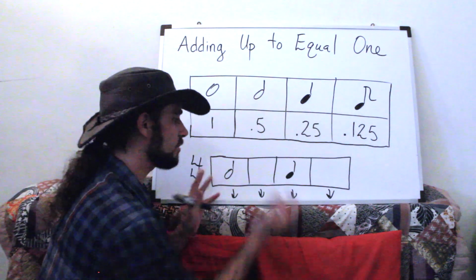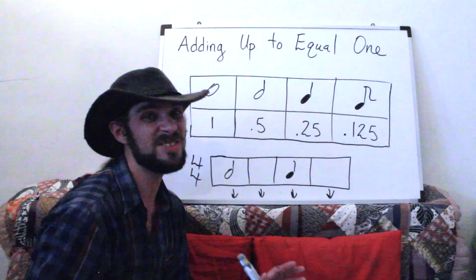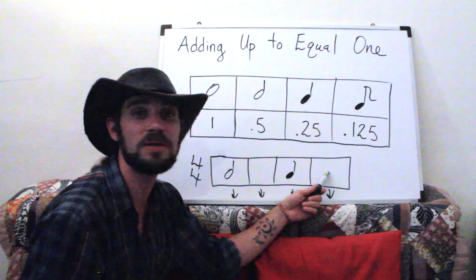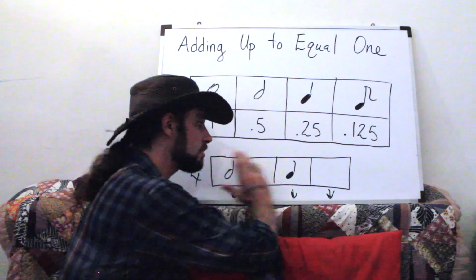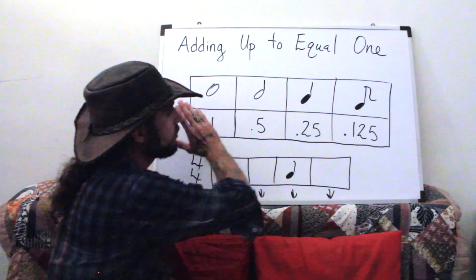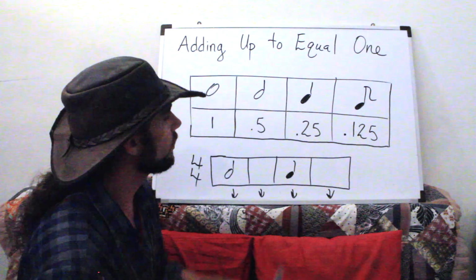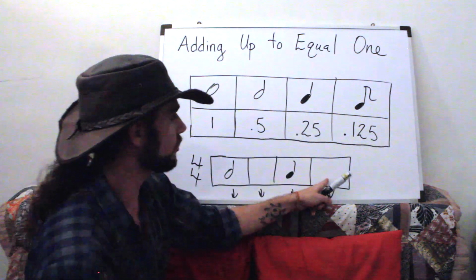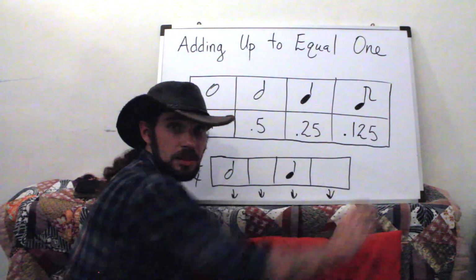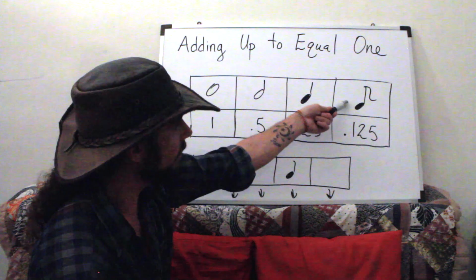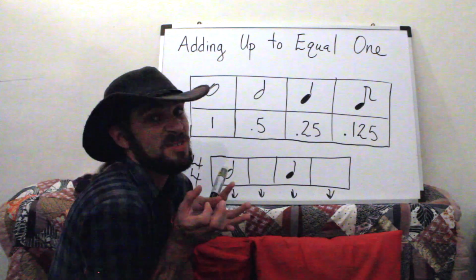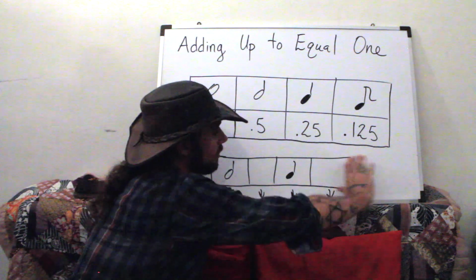If we add those up together, we only have 75%. And so we still have some missing information. So this measure would not be considered complete. Right now, our options that we have here, we could possibly add another 25% here, and then you would have 100%. Or we could even add 2 eighth notes, which would create 25%, which would complete the measure.